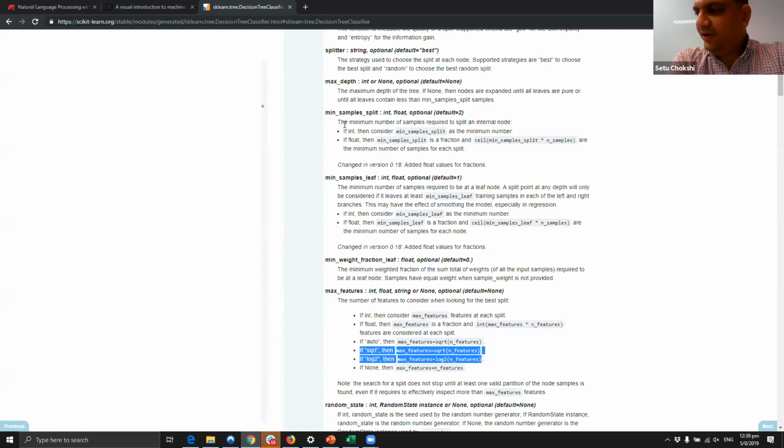What is the ideal value of max depth? That's something that you have to play around with, right? All these factors that you are controlling essentially give you a handle on how to prevent overfitting. Some of these values are set by default as very high, so you have to make sure that you're not overfitting. These are parameters that you have to tune using your validation set and your training set, and then you figure out the best values for them.